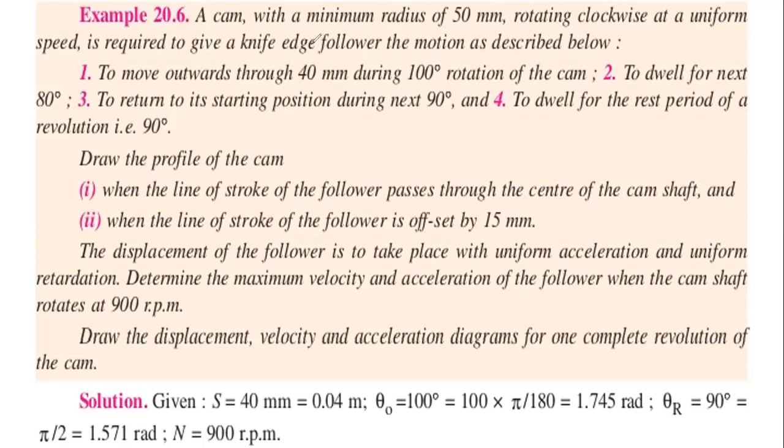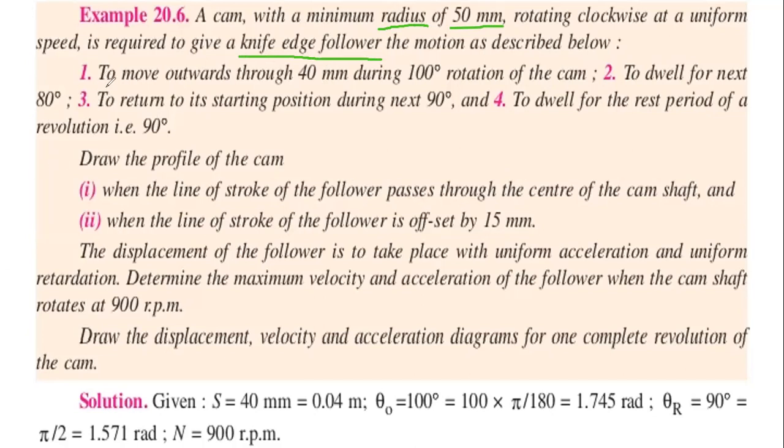So the cam is having a minimum radius of 50 mm, rotating clockwise at a uniform speed, with a knife edge follower. So the type of follower is knife edge follower. The motion is described below.